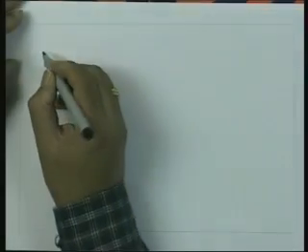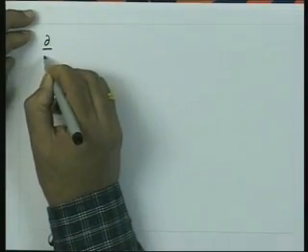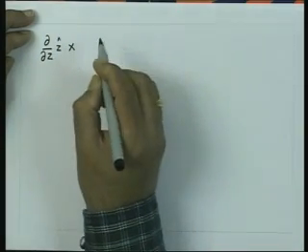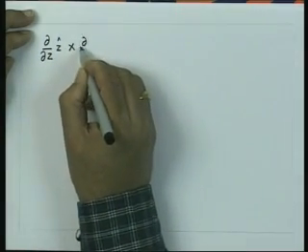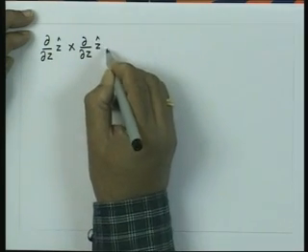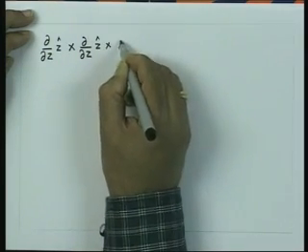First, this term, d by dz z cross d by dz z cross E transverse.